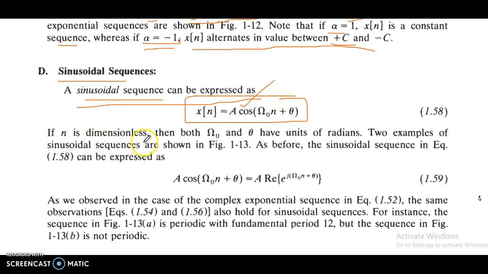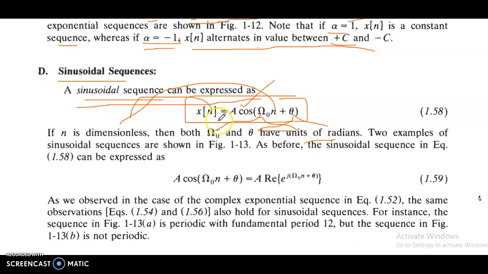If n is dimensionless, then both omega naught and theta have units of radians. This is also in units of radians only.